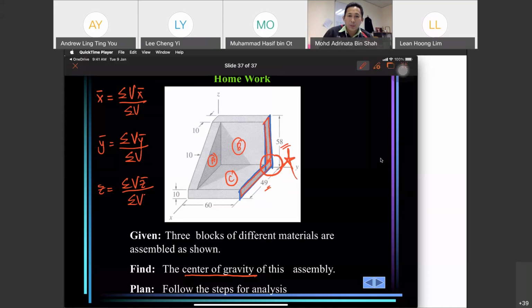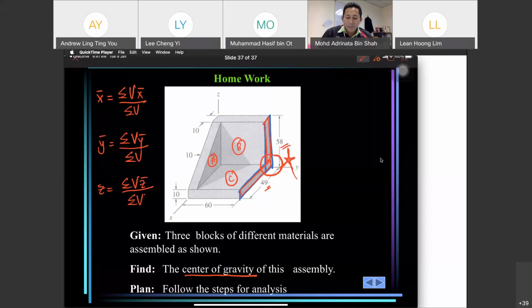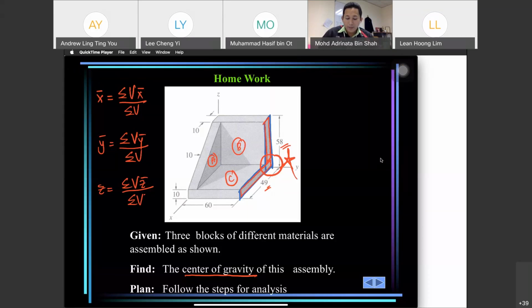It is easy when you have simple shapes like triangle, rectangle, square, and then you can divide it. This is a composite shape. All right, so that's all for today.